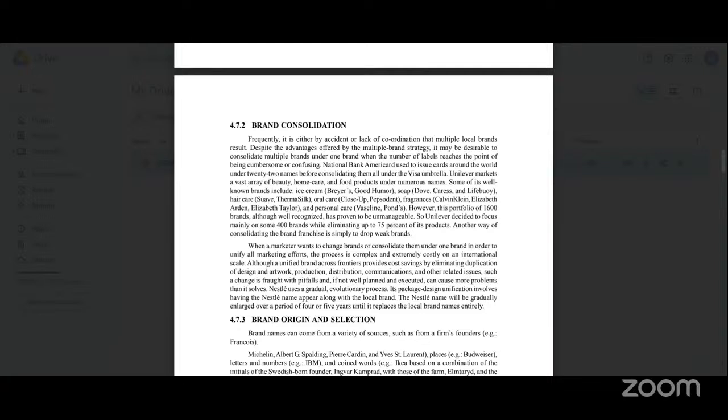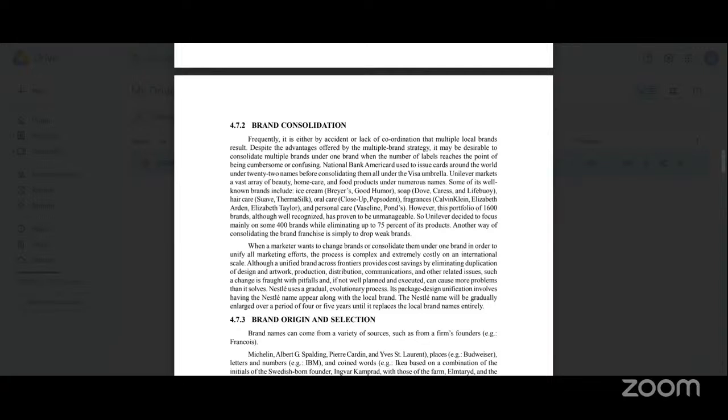So some of its well-known brands include, for example, ice cream, Breyers, Good Humor, soap, that is Dove, Caress and Lifebuoy, hair care, that is Sunsilk, Thermasilk, etc. So, the most important thing here we are saying is that this portfolio of 1600 brands that the company enjoys is well recognized. However, it has proven to be unmanageable because it provides a certain amount of confusion not only in the company products itself, but also from a consumer's point of view.